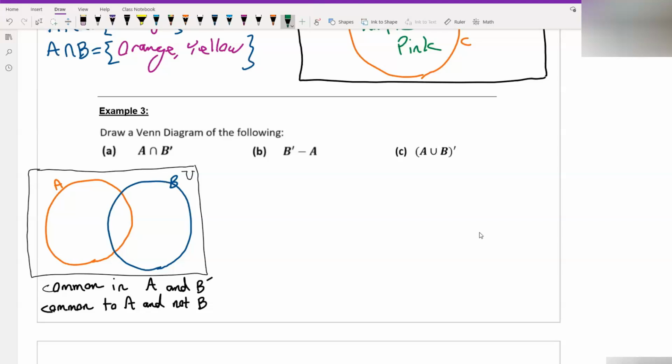First, what is complement of B? This is not the answer, I'm just explaining.